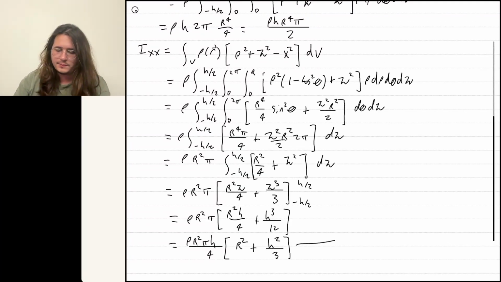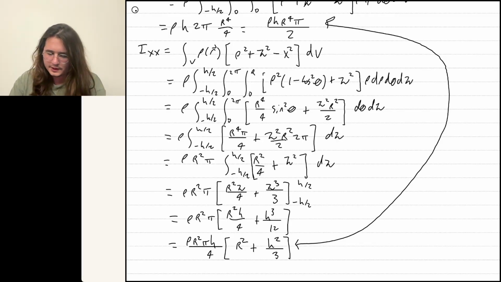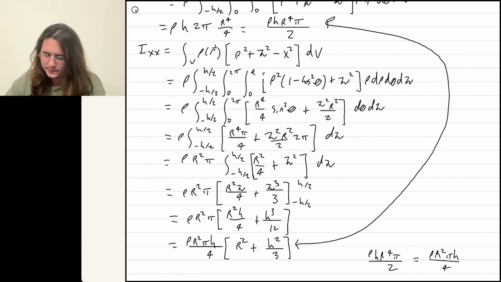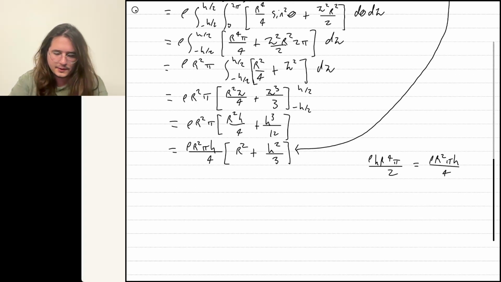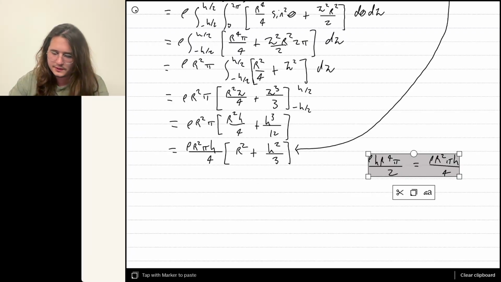But now that we have this, we can go up here and we can set it equal to this now. So looks like we've got rho h r fourth pi over 2 equals rho r squared pi h over 4, and this is multiplied by r squared plus h squared over 3 stuff.